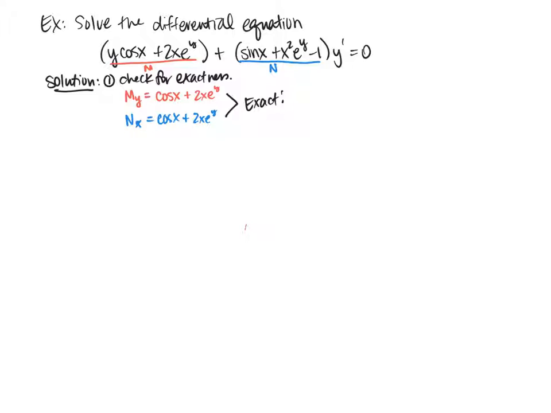Okay, so what does that mean? Thus, this psi of xy exists. And we know that the partial derivative of psi with respect to x is equal to m, and the partial derivative of psi with respect to y is equal to n. Okay, so I have a choice here.